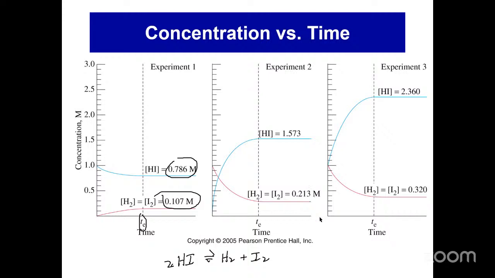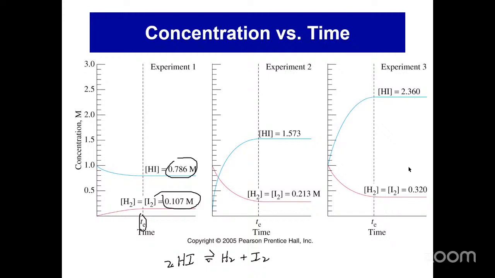The third and final experiment deals with a situation where you're starting off with 1 molar of everything: 1 molar of HI, 1 molar of H2, 1 molar of I2. What is observed in this case is that the concentration of HI will increase until it reaches the equilibrium concentration.